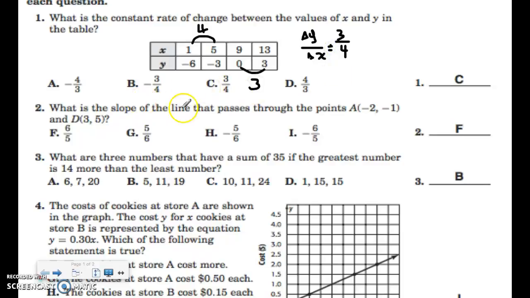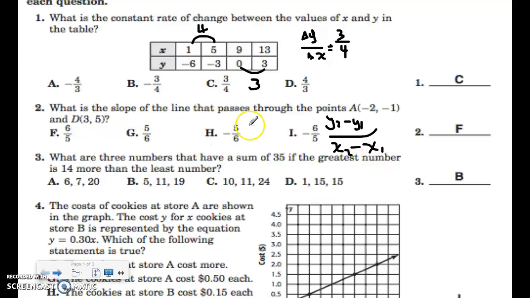Number 2, what is the slope of the line that passes through (-2, -1) and (3, 5)? Okay, so the slope formula is y2 minus y1 over x2 minus x1. Again, it does not matter the order in which you subtract, as long as if I use the x term for the first number first, I use the x number of the second term second. So y is on top again, x is on the bottom.